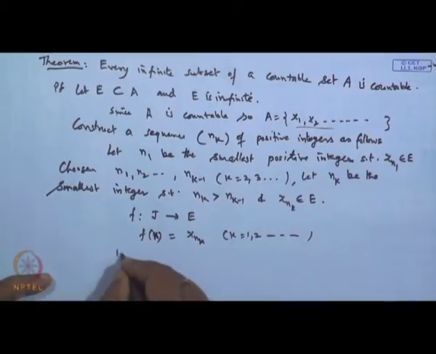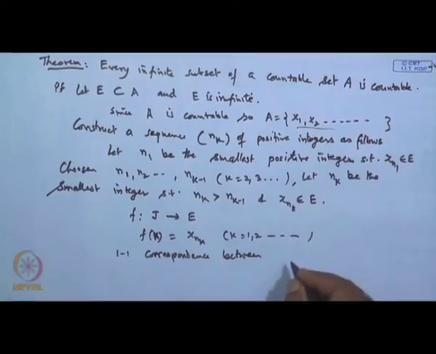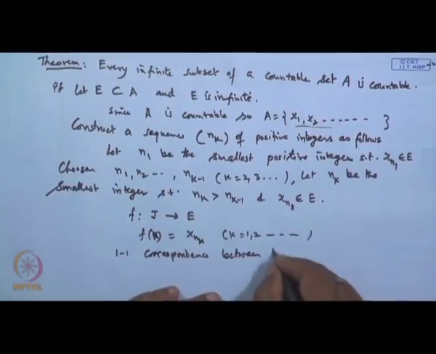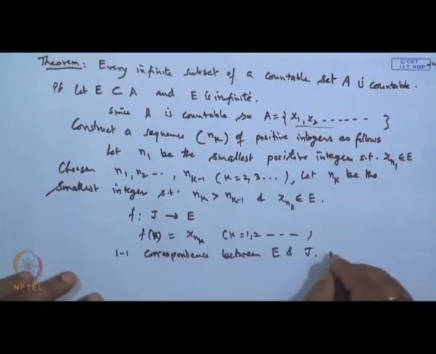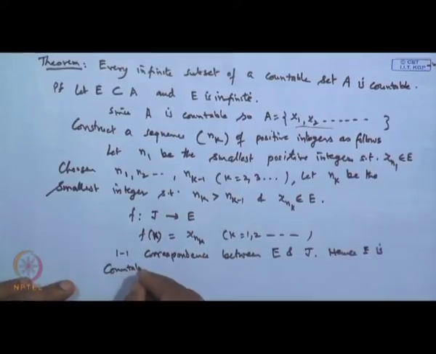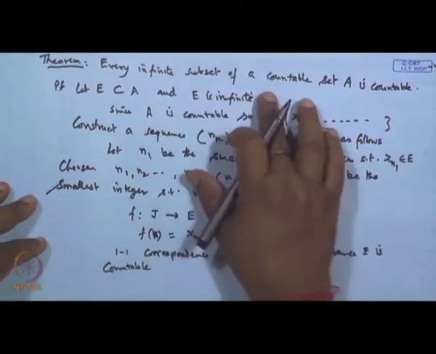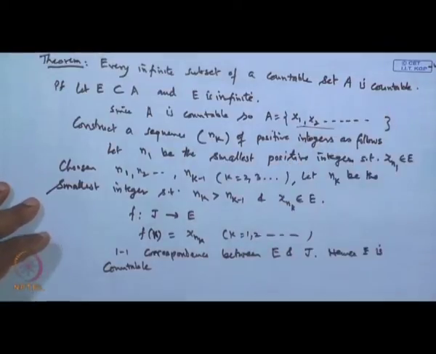So, this is a 1 to 1 correspondence between E and J. Hence, E is countable. So, this shows that every infinite subset of a countable set is countable.